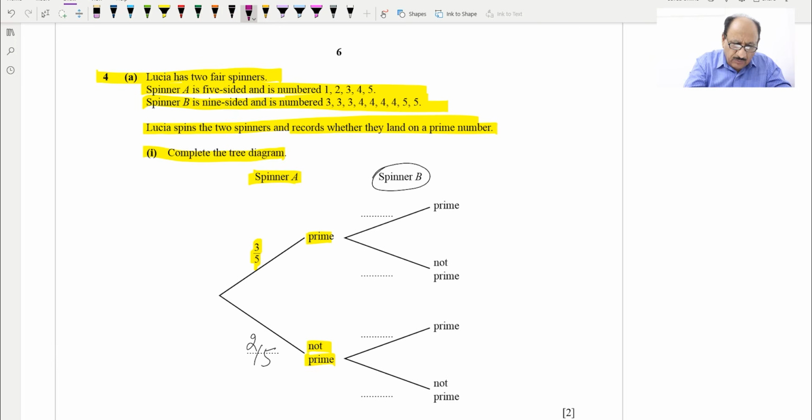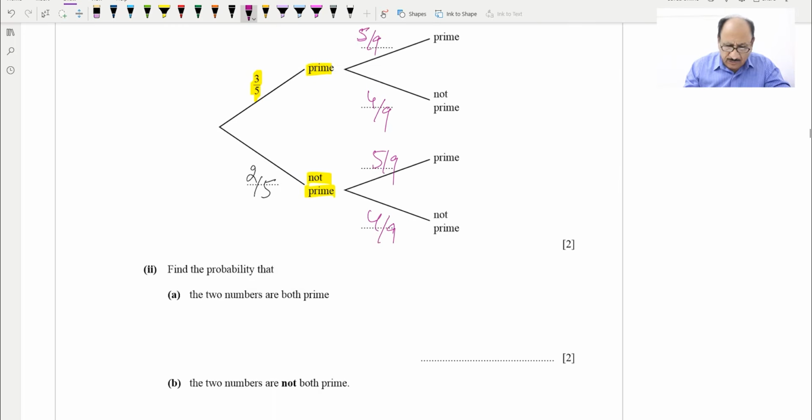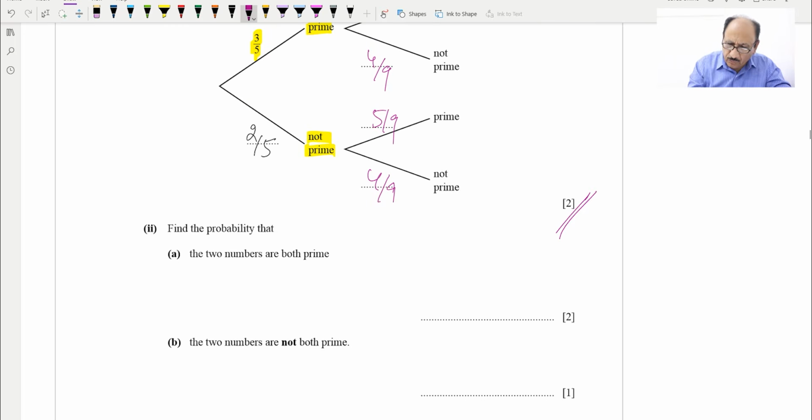Prime numbers are 3, these are prime numbers, and these are also prime numbers. So there are 5 prime numbers out of a total of 9. So the probability for a prime number will be 5 by 9, and a non-prime number will be 4 by 9. Similarly, 5 by 9 and 4 by 9. This will be the completion of the tree diagram, which is for 2 marks, which is done.